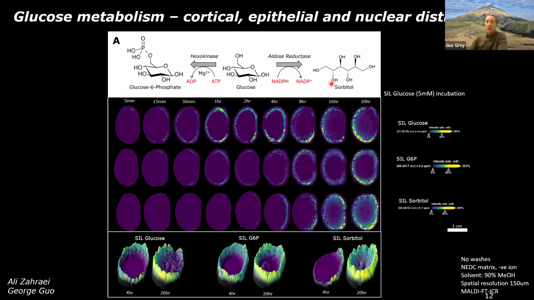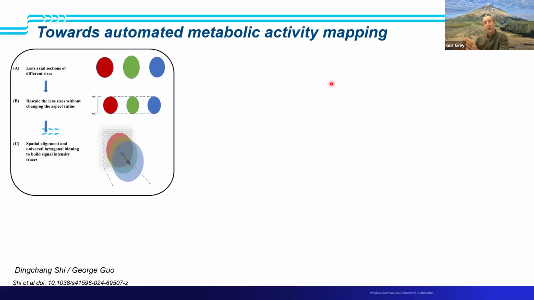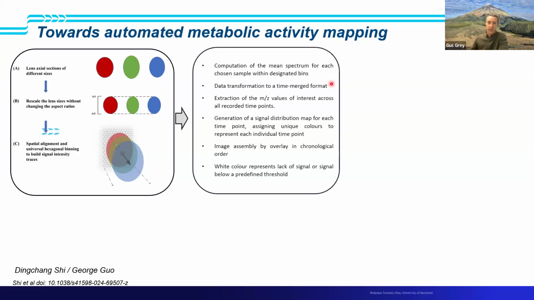So as an aside, before I get to the proteomics of this, I just wanted to share with you some of the data interpretation we've been doing in this space. We've been able to collect both biological replicates and all of those timed incubations of those bovine lens sections and overlay them in X and Y, attempting to put them onto a common X and Y grid.